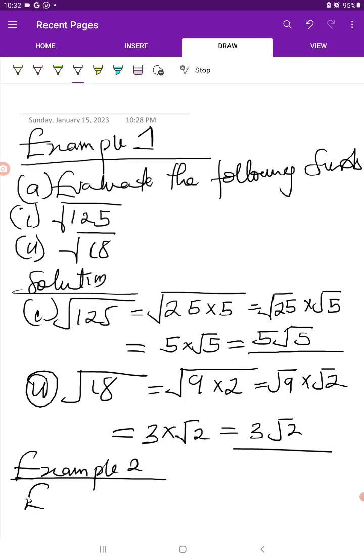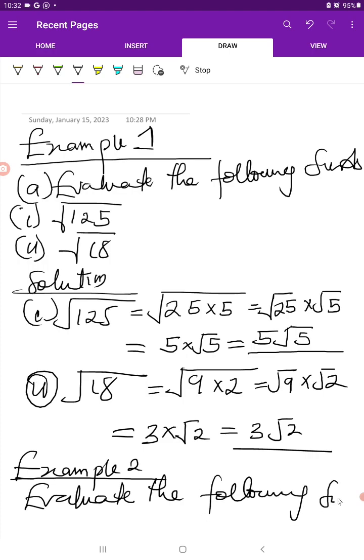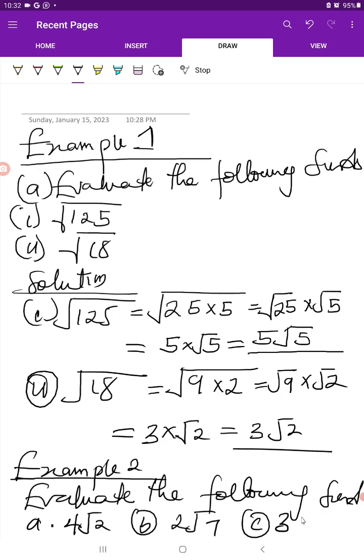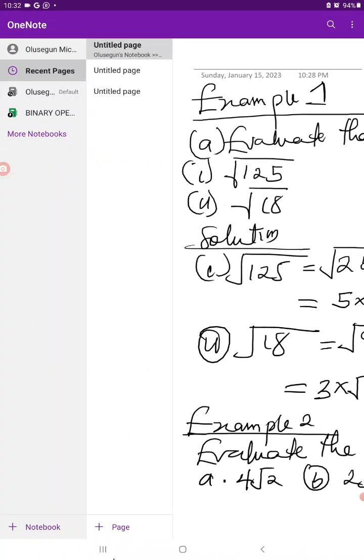He said evaluate the following surds: A is 4 root 2, B is 2 root 7, C is 3 root 7. Go to the next page.